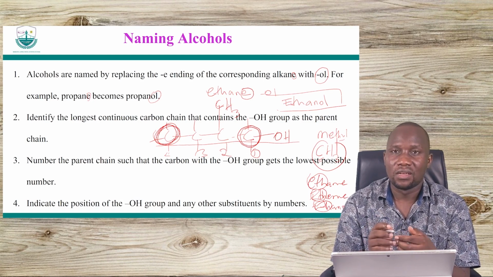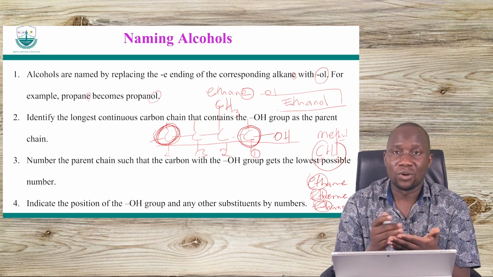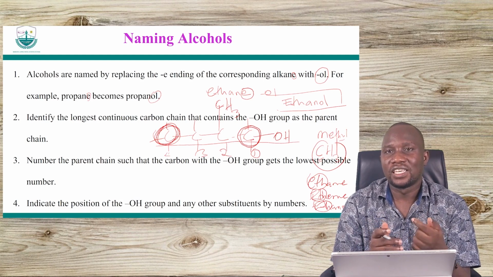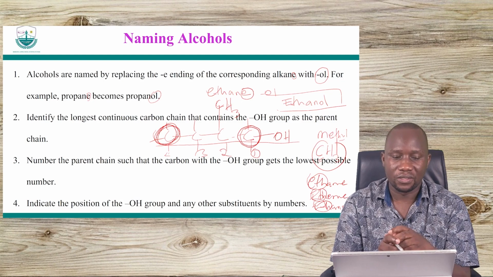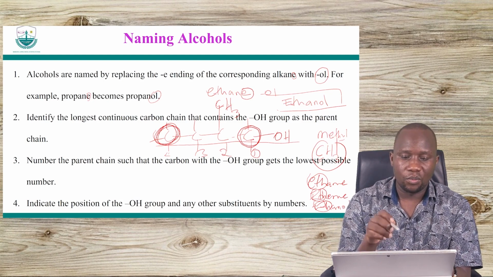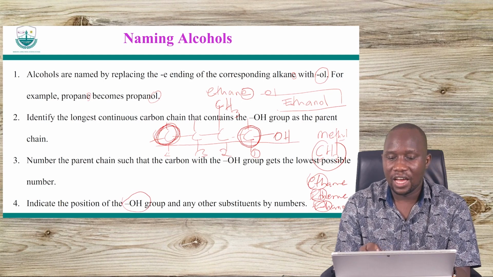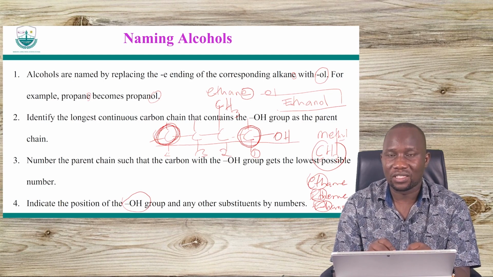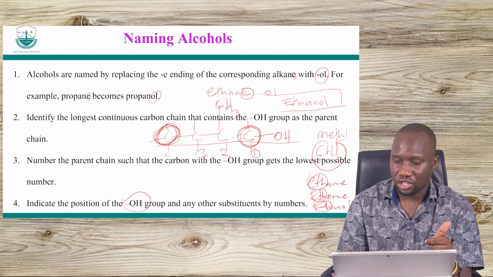That's where you see a compound that has about 2 figures in it. One figure indicates where the branching is, one figure indicates where the functional group is. So you indicate the position of the OH group, which is the functional group in this case, and any other substituent, by number. Indicate the position of the functional group, and if there is any branching, indicate that branching also.